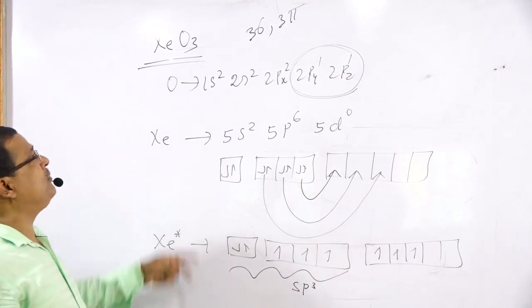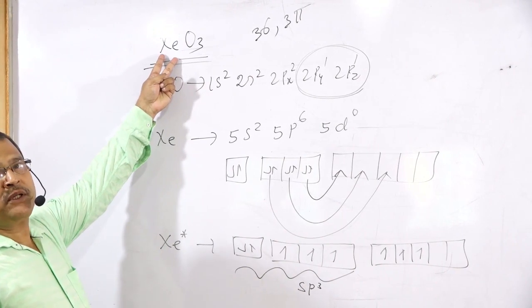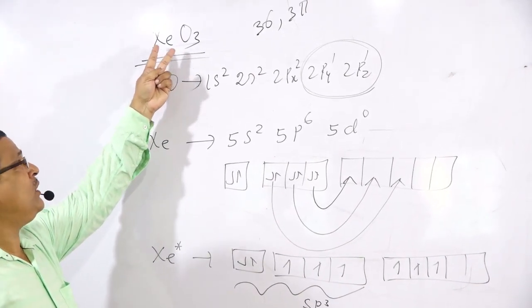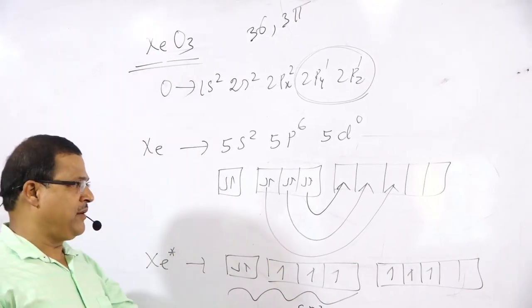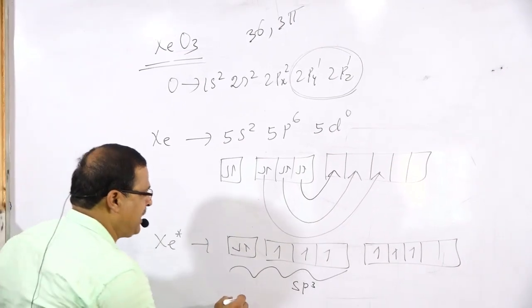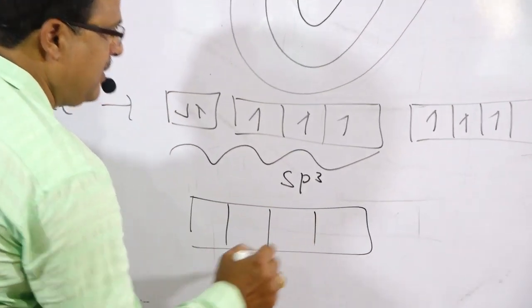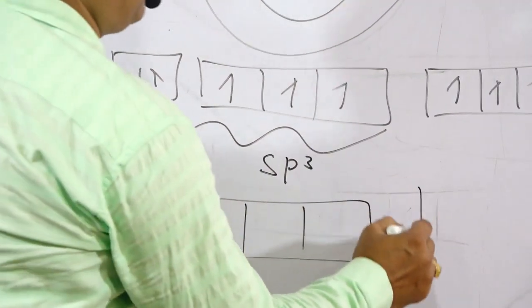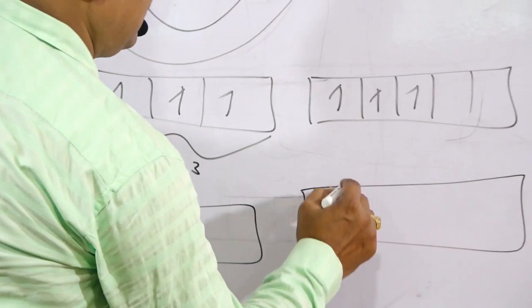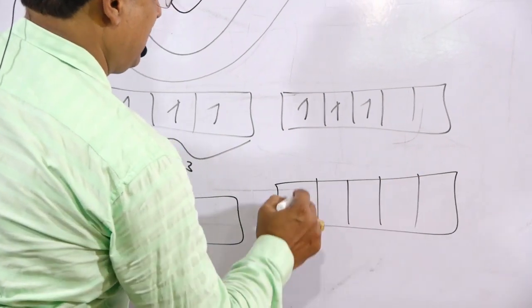If you apply the formula, half of H plus A minus C plus A, you also get sp3 hybridization. The number of hybrid orbitals is 4. The number of unhybridized orbitals containing unpaired electrons is 3.